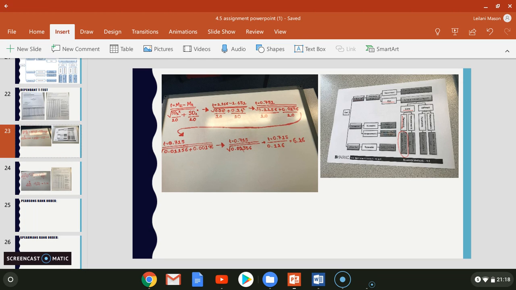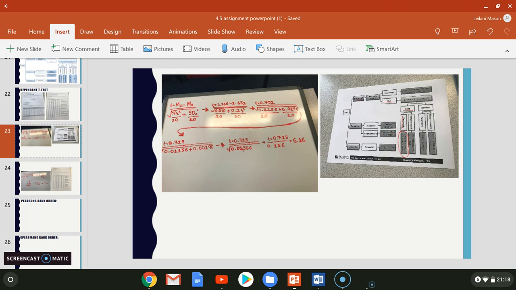The independent t-test is calculated using the formula t equals m1 minus m2 over the square root of s1 squared over n1 plus s2 squared over n2.